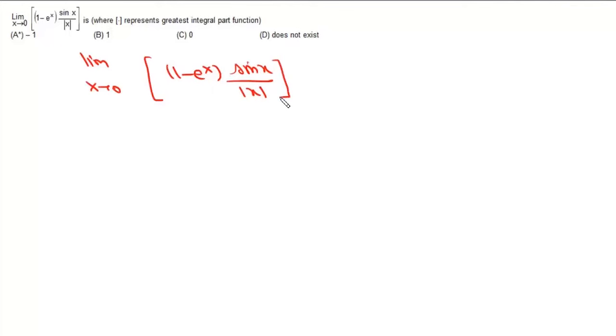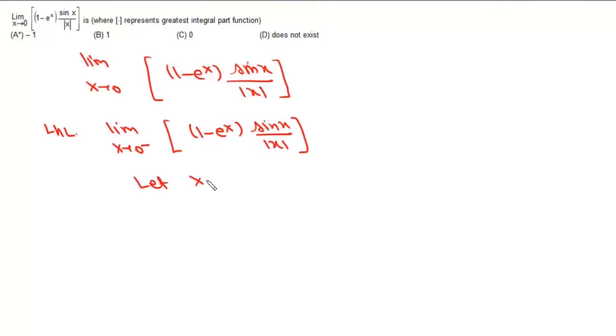Now since this question has both the greatest integer and mod, which change definition at 0, we have to use the left hand limit and right hand limit. So first we'll write its left hand limit. So its left hand limit will be limit x tends to 0 negative of greatest integer function of (1 minus e to the power x) sin x upon mod x.